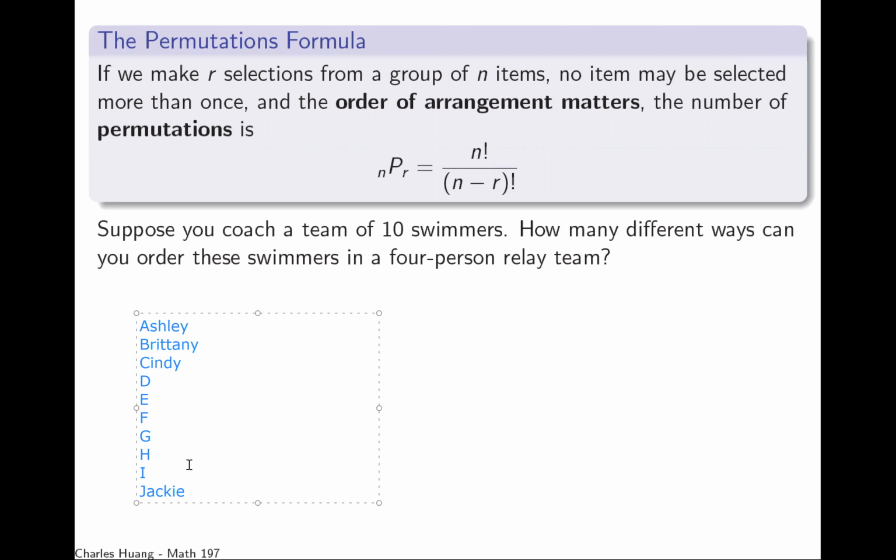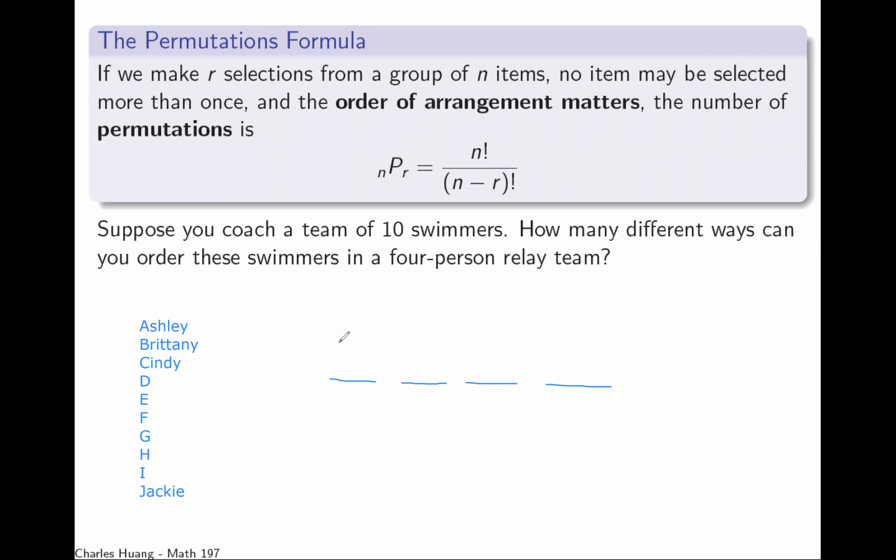So we have 10 different swimmers. In this case, we still have 4 different slots, 4 different people to choose to put on my team.